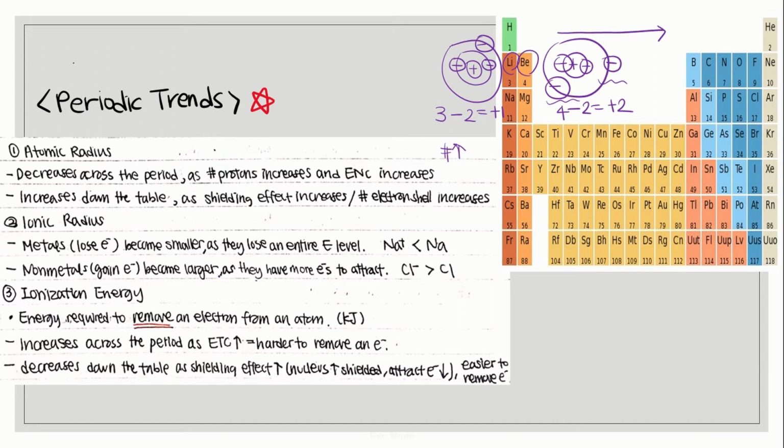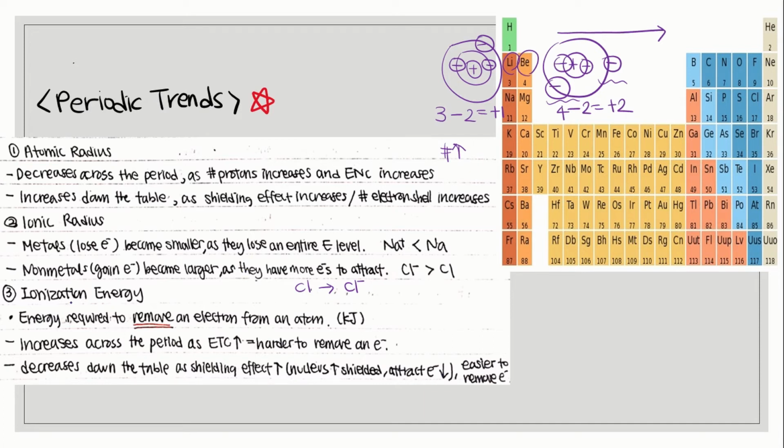And nonmetals become larger as they have more electrons to attract. So as chlorine gains an electron to become a chloride ion, then it would have more electrons to attract, and the attraction from the nucleus to valence electrons will be smaller and the ion will be larger.